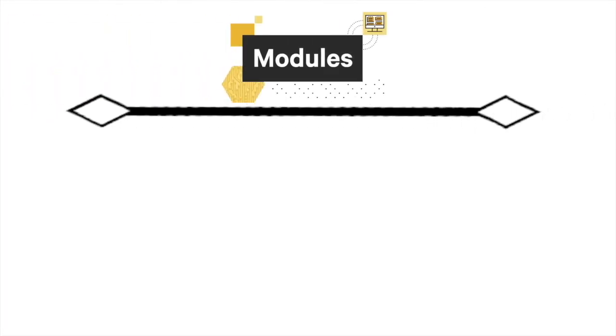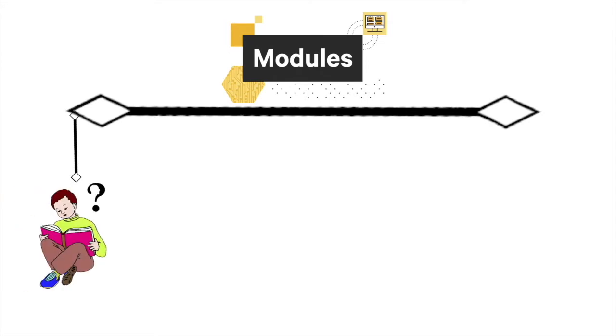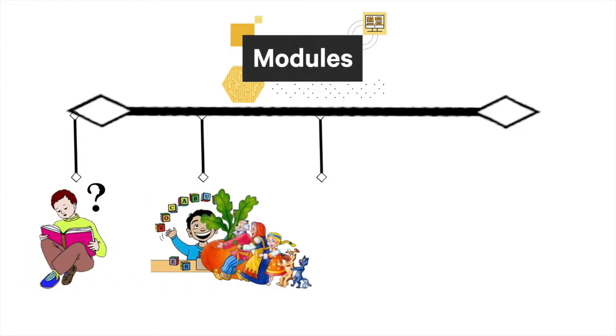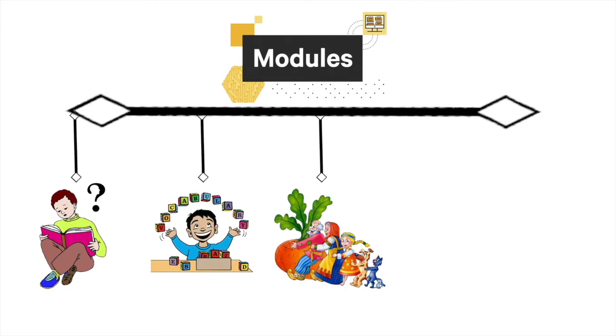Let's see what is the plan of today's module. First, we will discuss the objective of the course. Then we will find out why we are reading this story. Then we will find out some difficult words, that means vocabulary. After that, we will read the story, the Russian folk story, the Turnip.